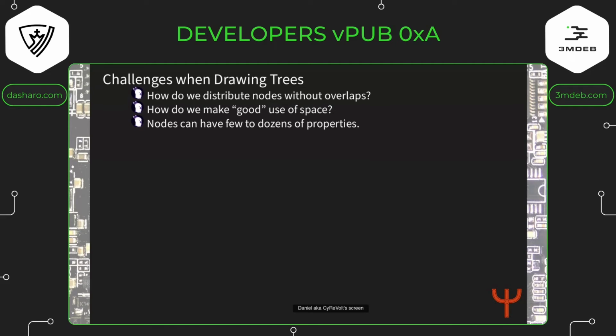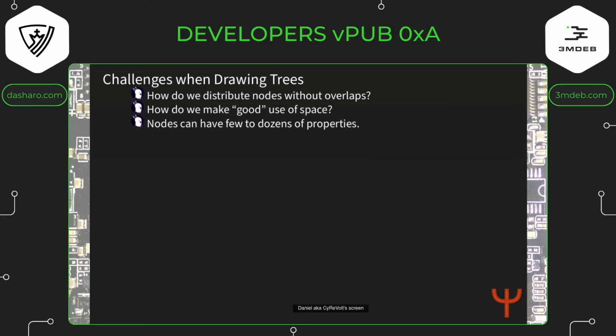Then the question is, how do we make good use of space, whatever good means in a specific sense? People might have different ideas what a good distribution of nodes is, and that strongly relates to the shape of a very specific tree. And by shape, I just mean like the depth of the tree and the width maybe, or where you can find like clusters of nodes and stuff like that.